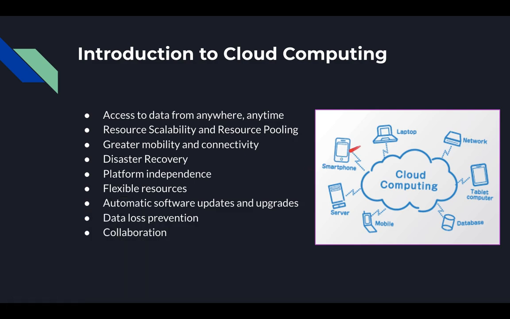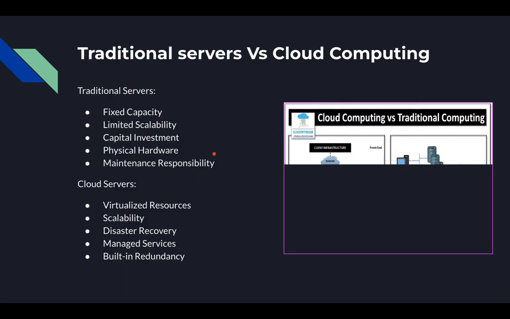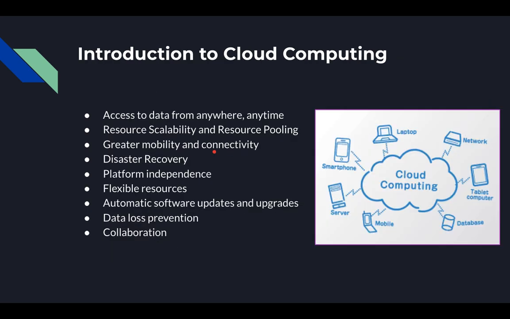So this is majorly because of the disaster recovery mechanisms we make, and also greater compatibility, resource scaling and resource pooling. These are terms we will speak about when we go to AWS, or when we speak about the services. Accessing data from anytime or anywhere is made possible only by utilizing cloud computing.